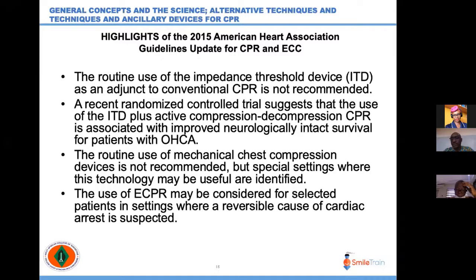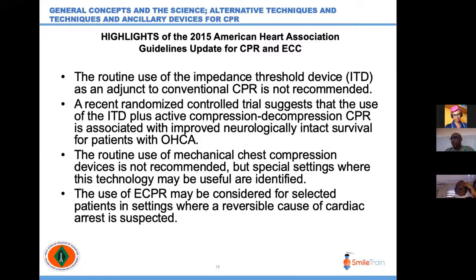regarding these gadgets. So routine use of ITDs as a conventional adjunct to CPR is really not recommended right now, according to the 2015 recommendations, the AHA guidelines and the European Resuscitation Council. We need to underline the word routine.